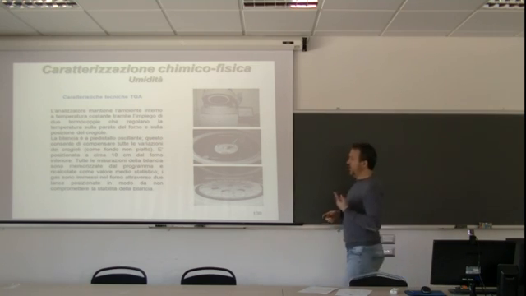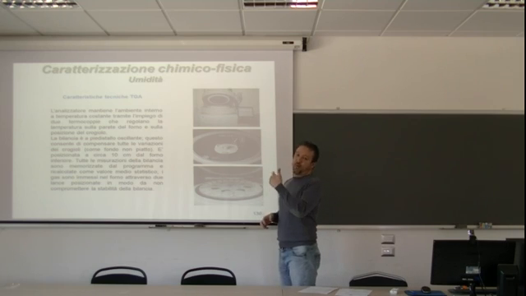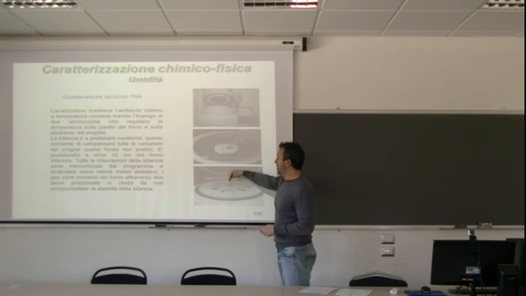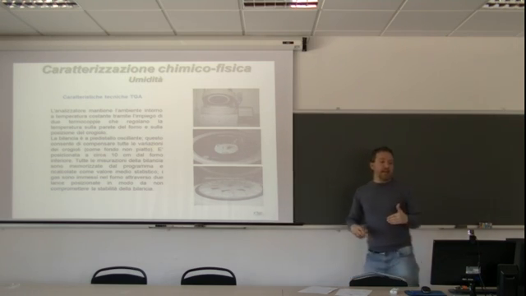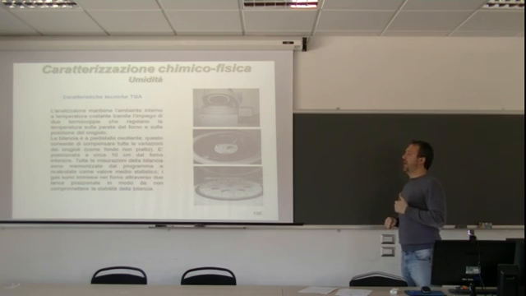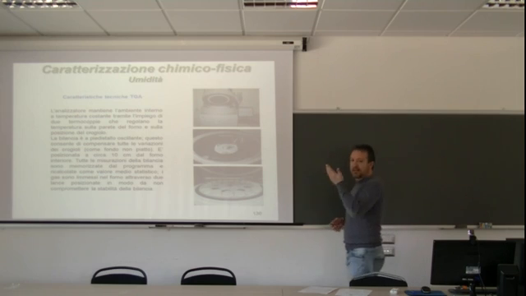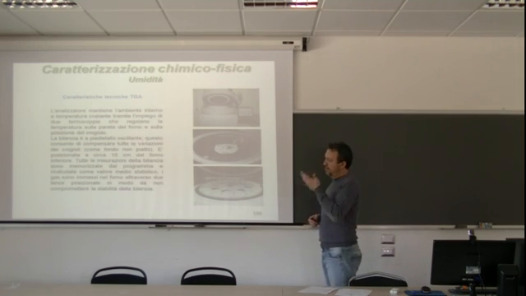What do we do? We prepare, of course, the sample, and we will see the preparation part. We put the sample inside, we close, and at the beginning we move to 105 degrees. This is a temperature that allows the water to vaporize and go away.